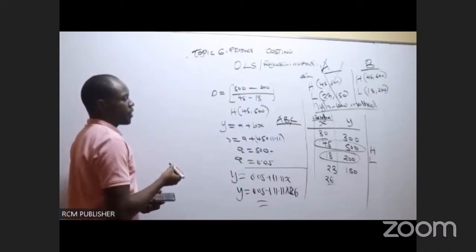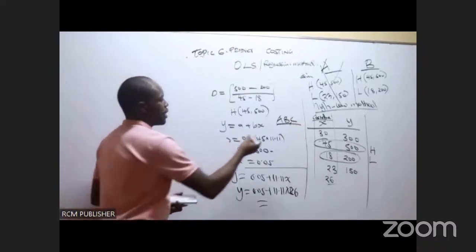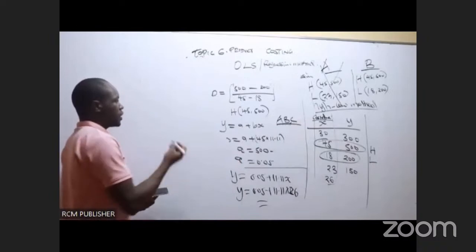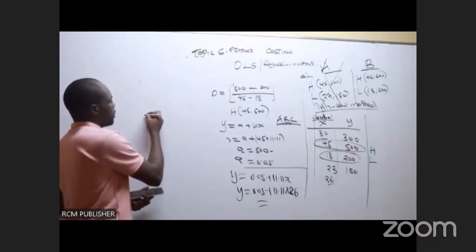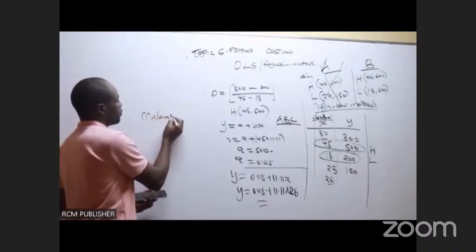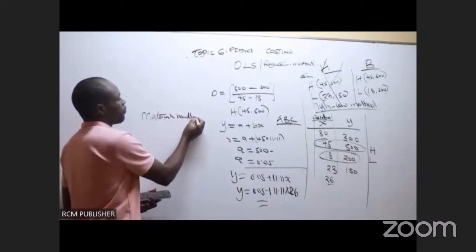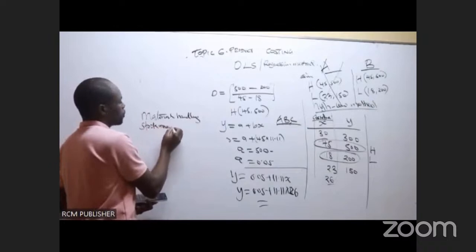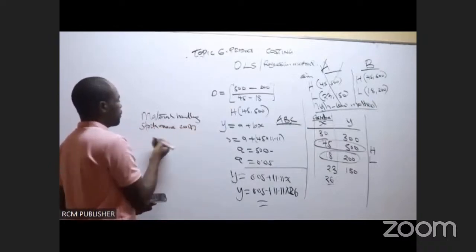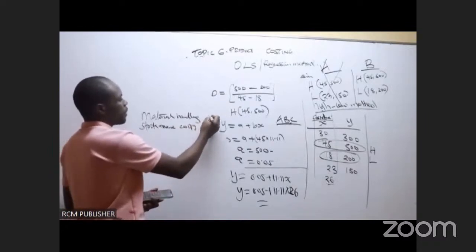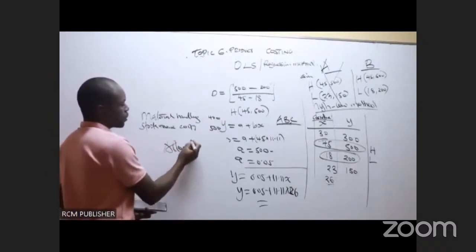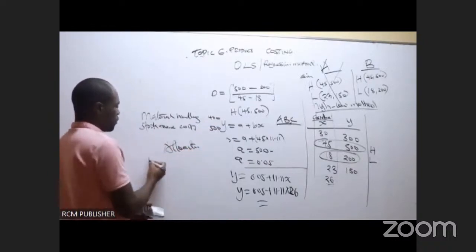Then we have this concept under activity-based costing, whereby you are doing the allocation of the overheads. You are given material handling and stock movement costs. After being given the overheads, you are told the allocation basis, which is provided down here.